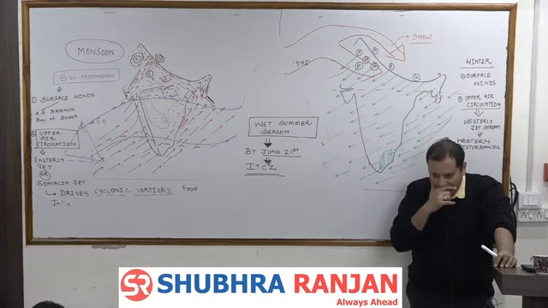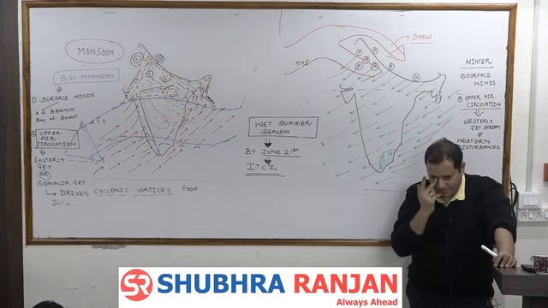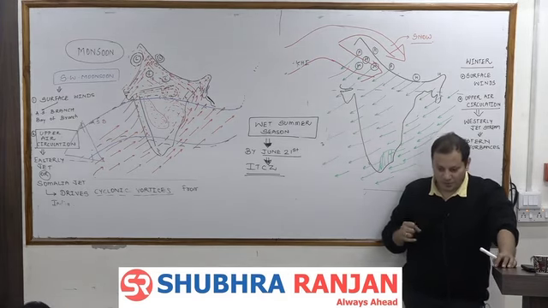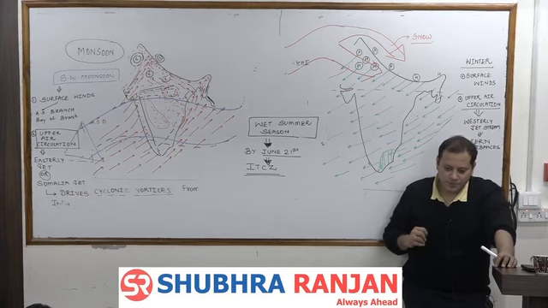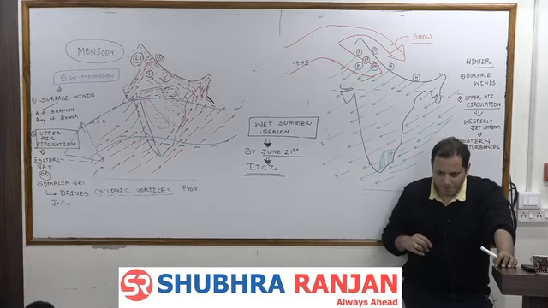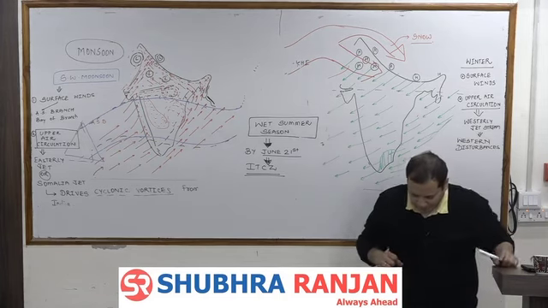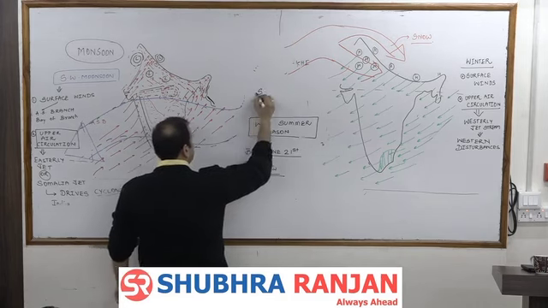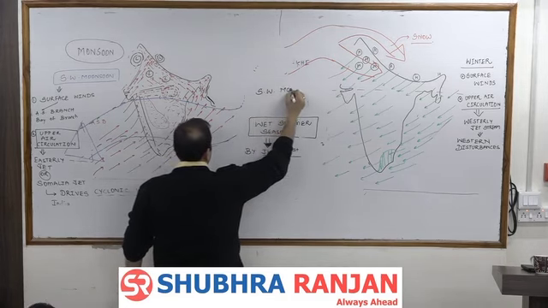The low pressure attracts the winds from the southern hemisphere, which after crossing the equator are known as southwest monsoon.